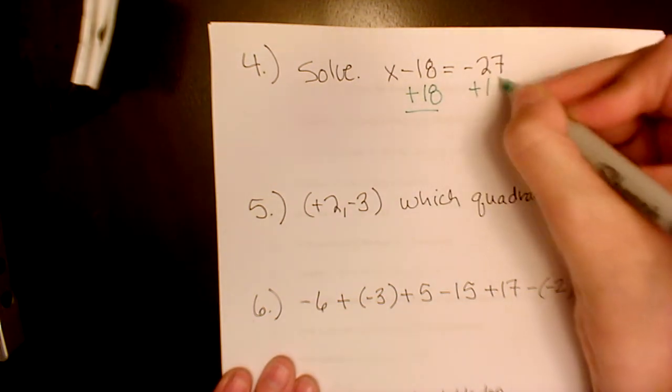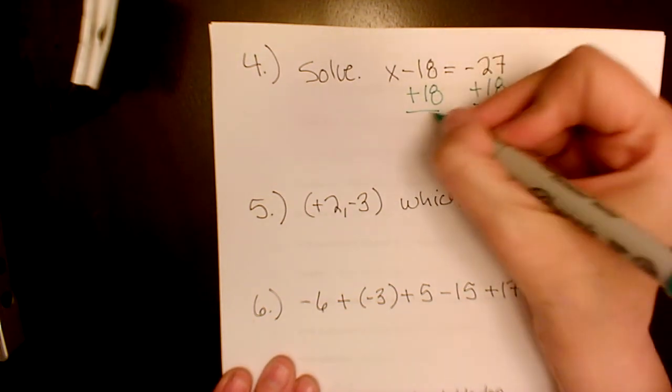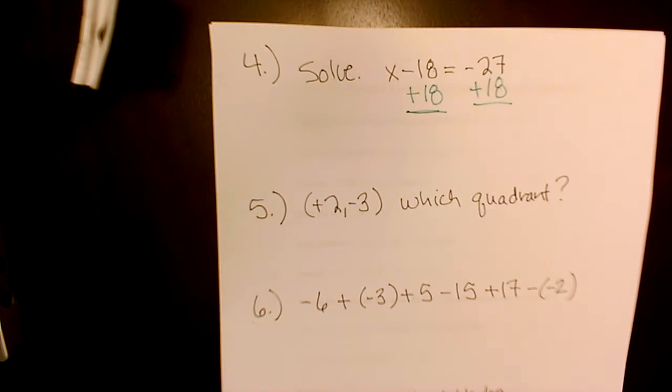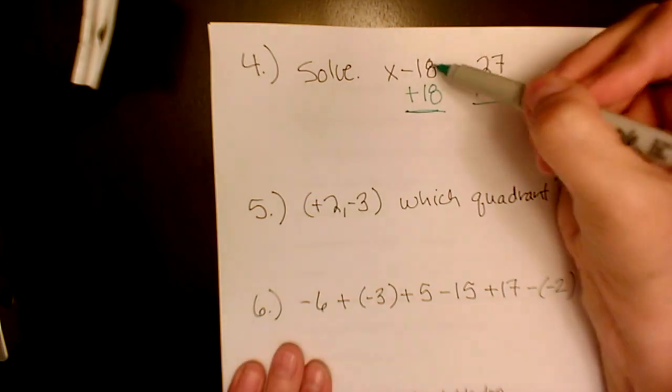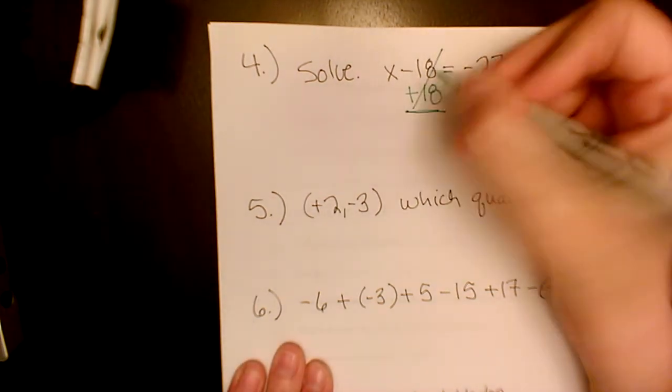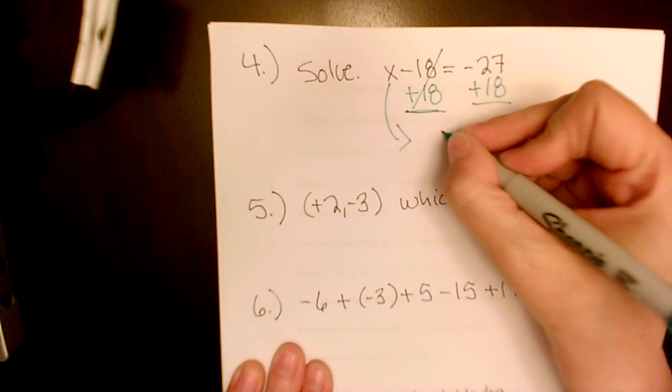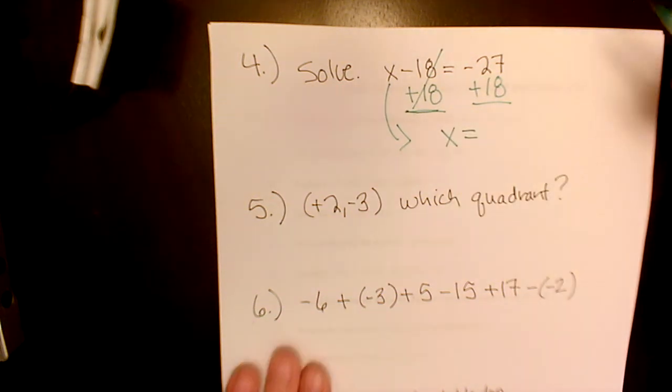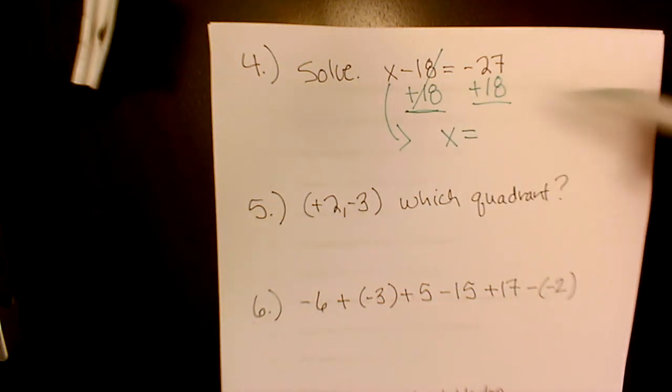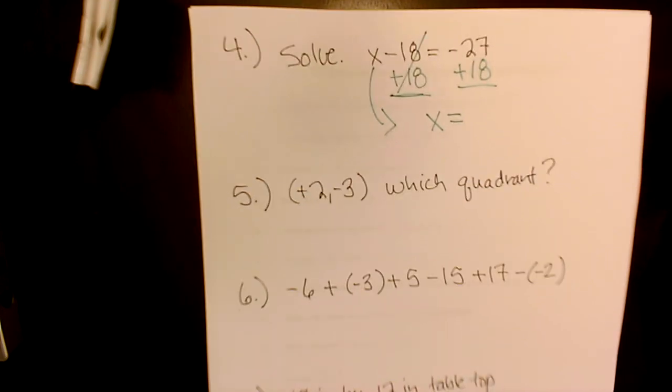So I want to add 18 to both sides. So this is going to cancel out and the x comes down. And remember, when I have a negative and a positive, I subtract and take the sign of whoever has more.